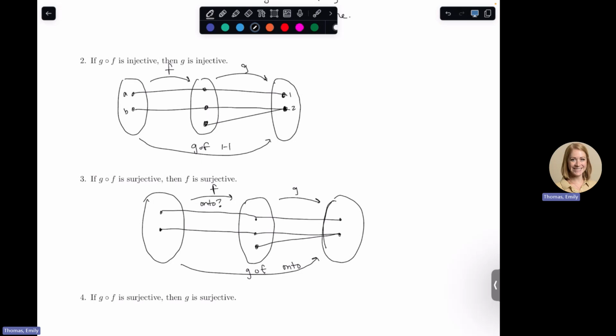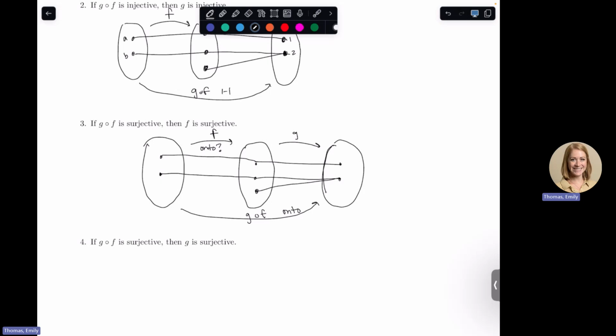Okay, what do y'all think? Yes? Yes. Okay. So suppose that the composition is onto 2.